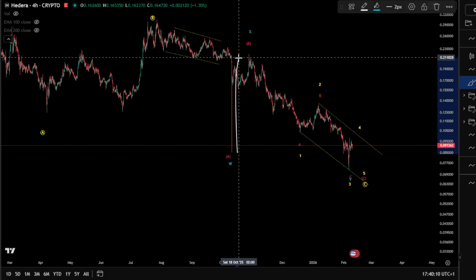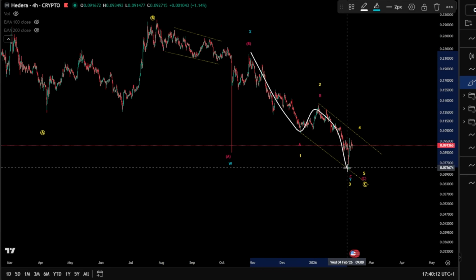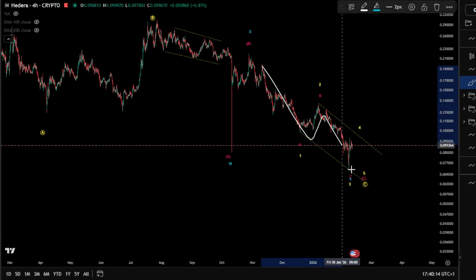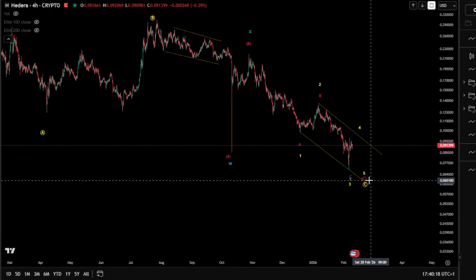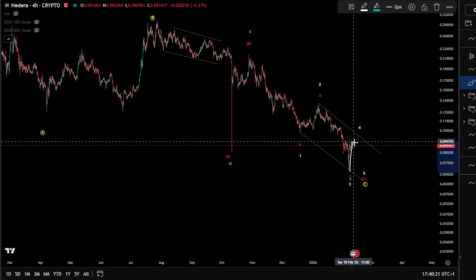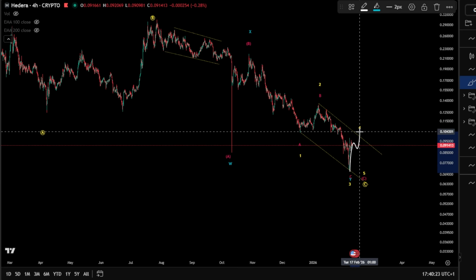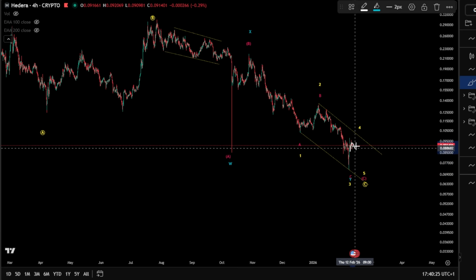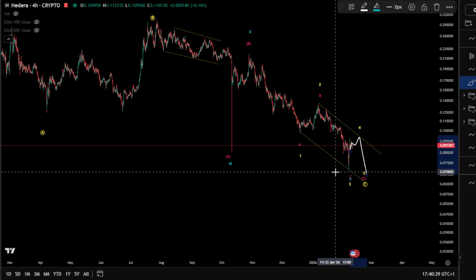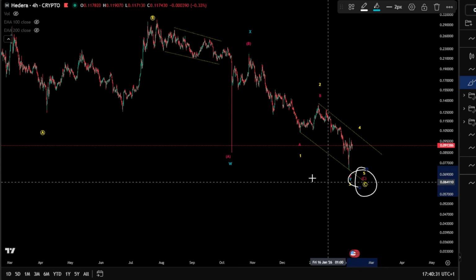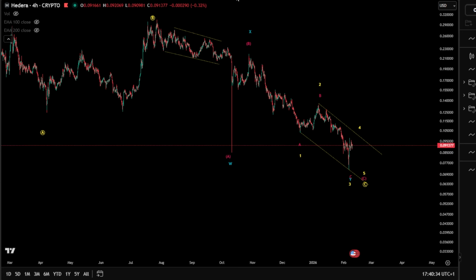And then ABC up and then ABC down for a Y, or 5 waves down in a diagonal for a wave C. Very simple, right? So currently, if we are in a wave C, then you are looking for a wave 4 there. Probably it might not reach so high, before, of course, unfolding something for lower again for a wave 5 for this scenario.